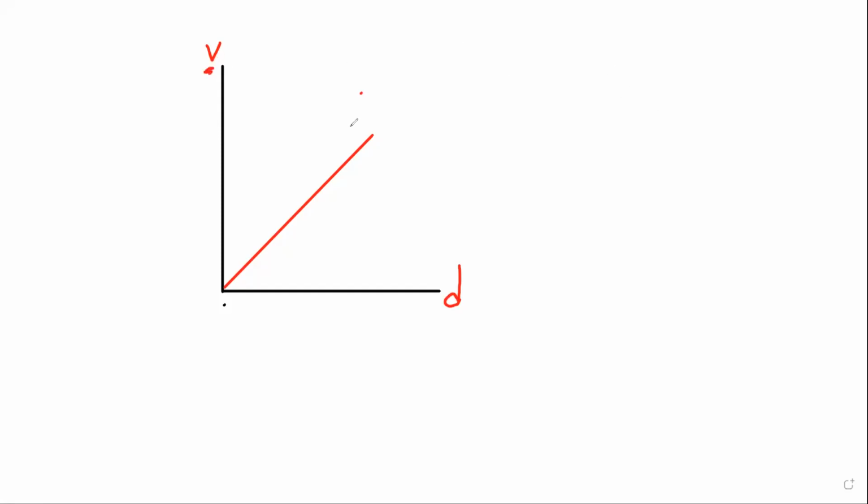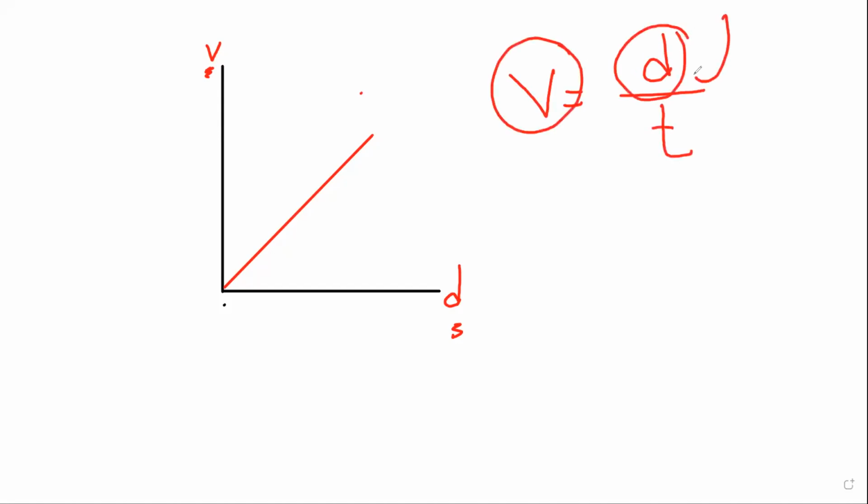The relation between velocity and distance is directly proportional because V equals D over T. If the distance increases, velocity increases as well if the time is fixed. When we draw it in the graph, the line in this direction means it is a direct relationship.